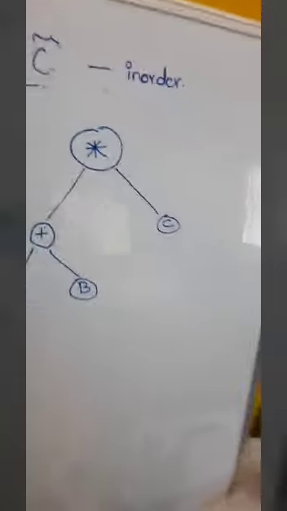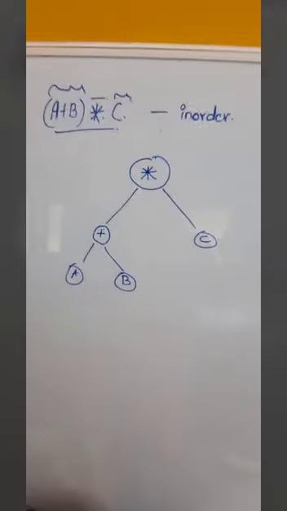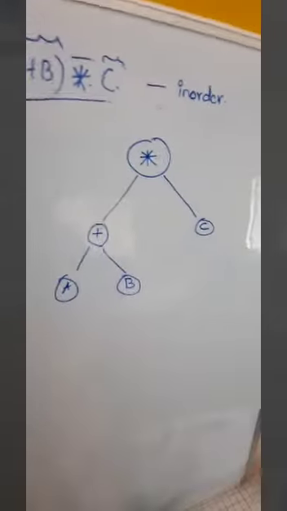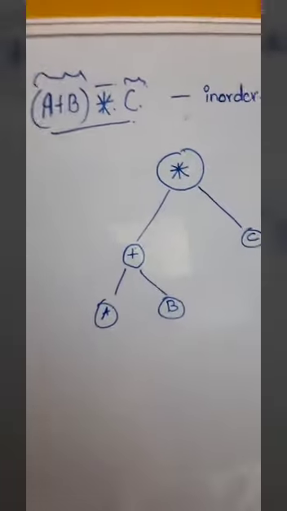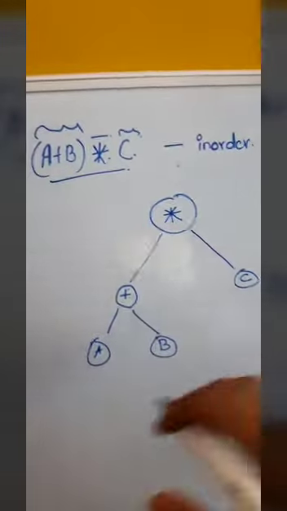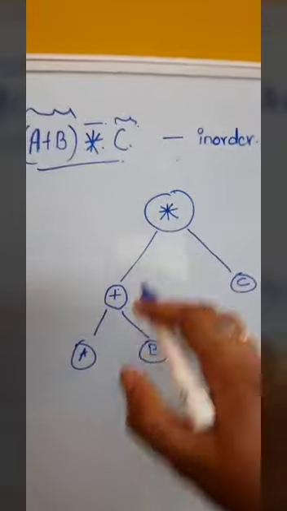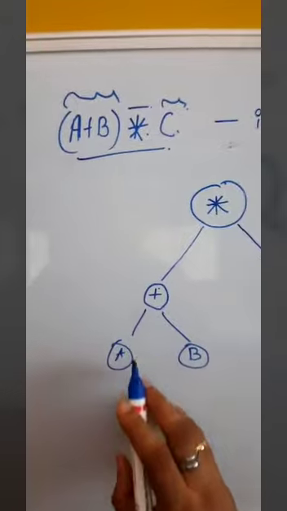Now how are we going to write the post-order or pre-order sequence? First we go for the pre-order. We are going to consider the left nodes first. The left node of star is plus, and plus's left node is A. Sorry, we'll go for the post-order.